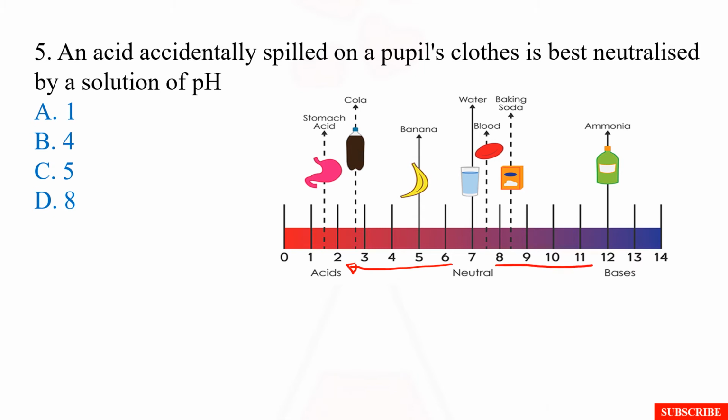Now, to neutralize an acid, because we are dealing with an acid accidentally spilling on a cloth, usually we have to bring in a base. That's why these two are far apart, and in between we have the neutral point. So whenever we have an acid reacting with a base, we know that we form salt and water.